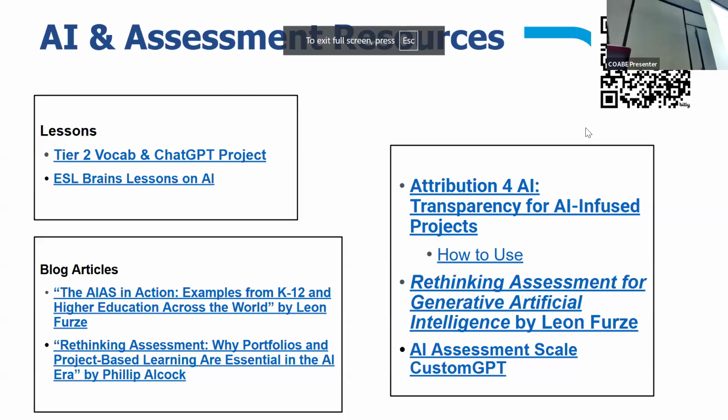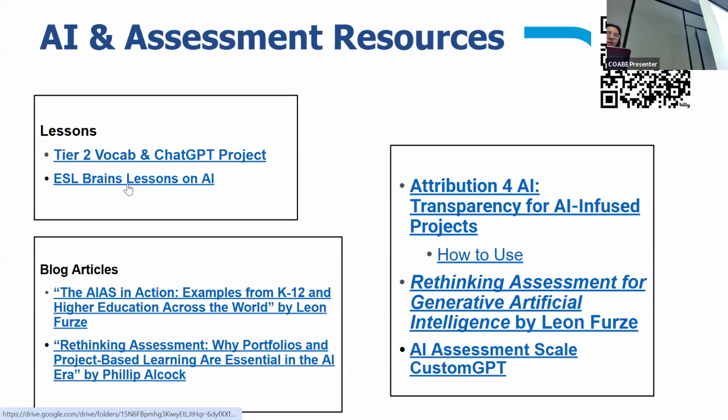Okay. So these are some AI resources that you can click on if you have access to these slides. I have blog articles, talks a little bit more about the assessment scale in action, some different examples from K through 12 or higher ed. And then the classroom lessons that I mentioned earlier, I put here, as well as some ESL Brains lesson slides on AI that you can use.